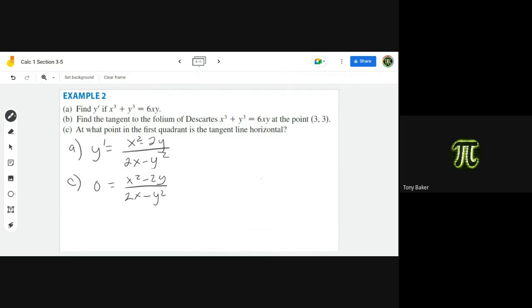All right. So how do we go about solving this? No, because x is not 0. Y prime is 0. And notice that I'm not saying y is 0 either. So this basically ends up being 0 equal to the top, right?